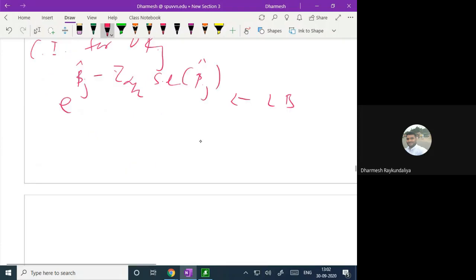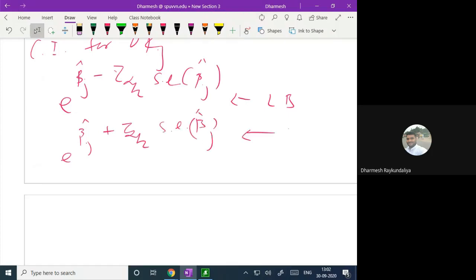And what is the upper bound? It is e raised to beta j cap plus z alpha by 2 standard error of beta j cap.